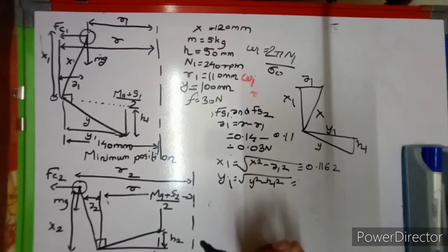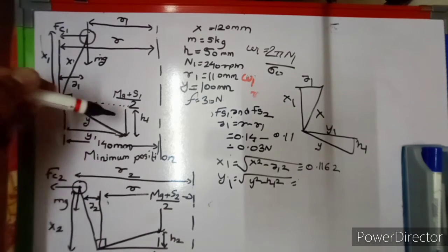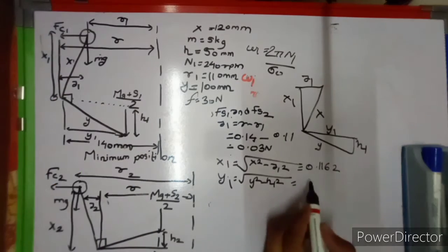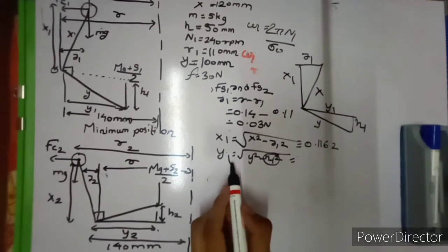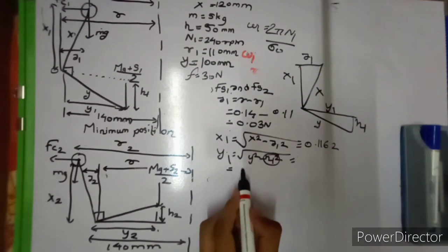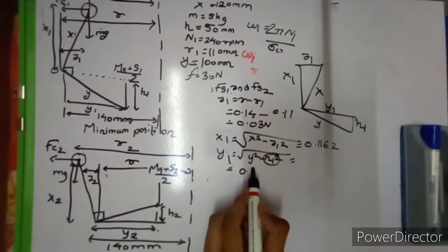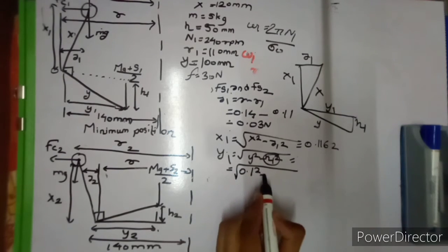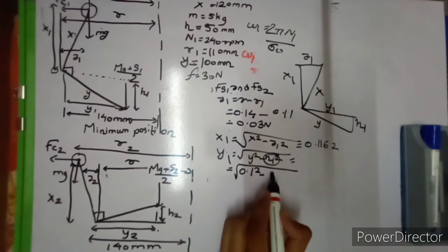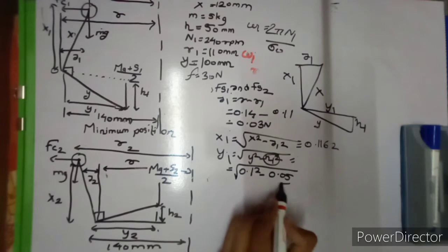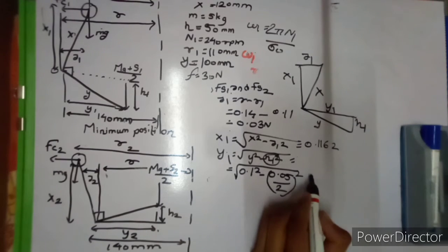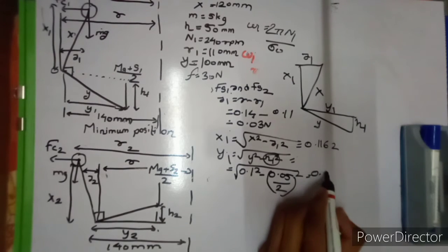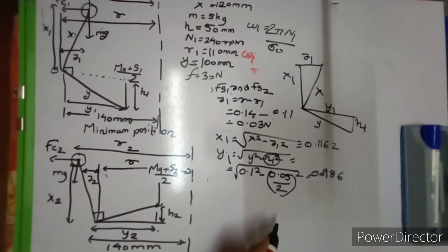Considering this both, we have considering half. Remember this, this is a very important thing. Y is given 0.1, that we know. Many people take here minus 0.05, which is wrong. We have to do 0.05 by 2 the whole square, because we are considering h1, not h. So we will get 0.0986.